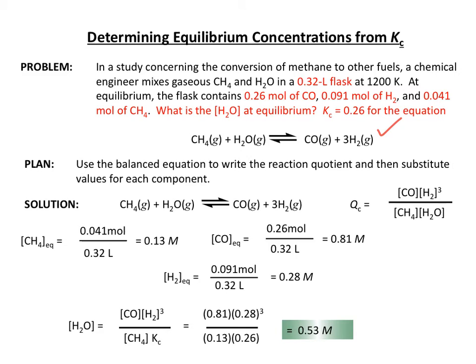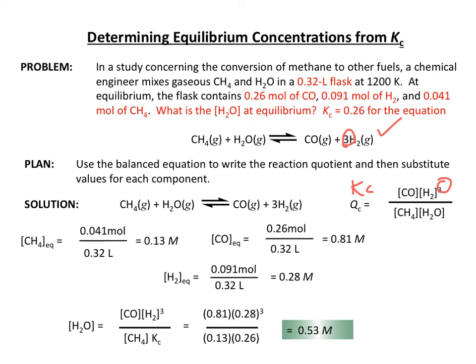Okay, so we need to figure out one of the equilibrium concentrations, for water. So go about writing the equilibrium constant expression. And in the problem, they're showing it as Qc. We are looking at equilibrium values, so it's also Kc. If we look at this carefully, we have products over reactants, so we have CO. We have a 3 here as a coefficient for hydrogen, so we need the 3 as the exponent.